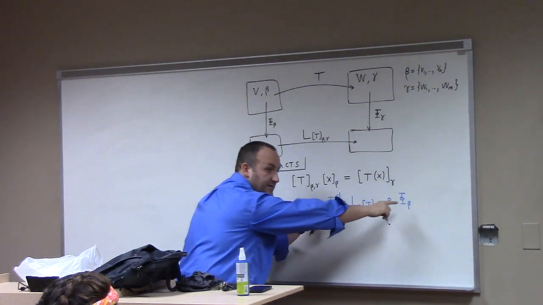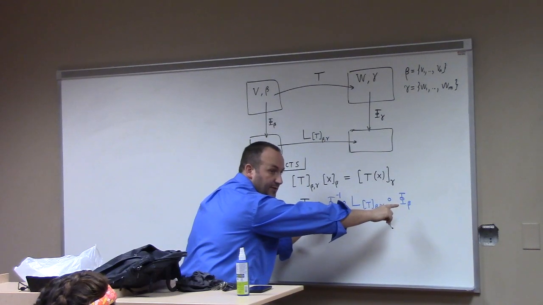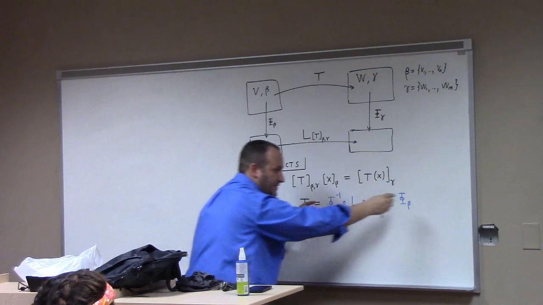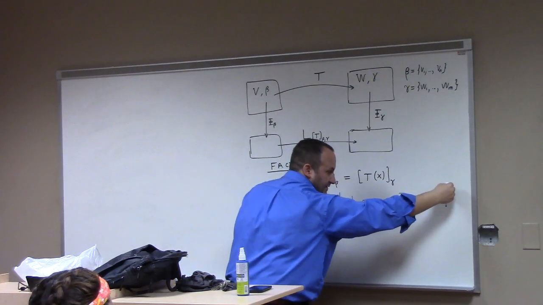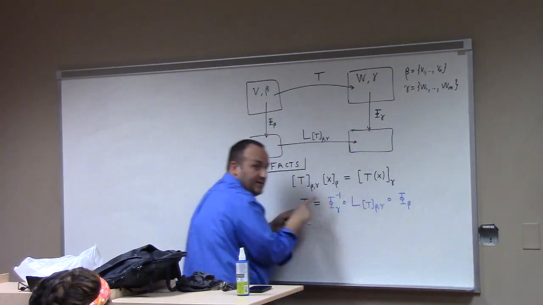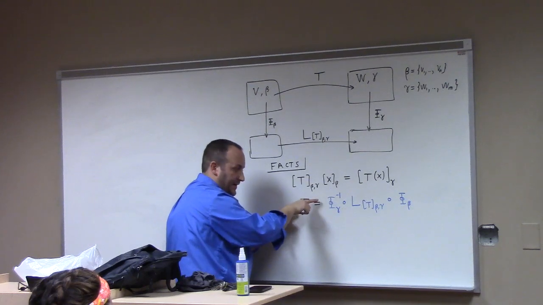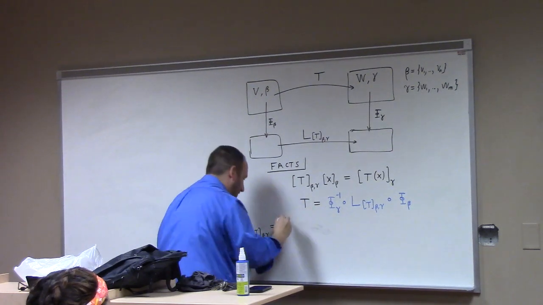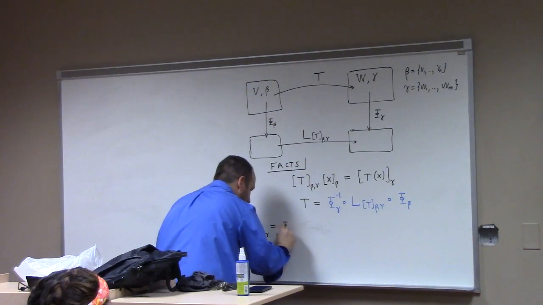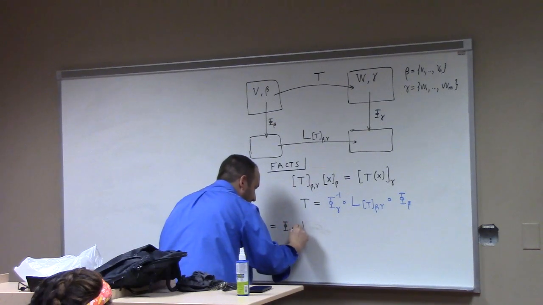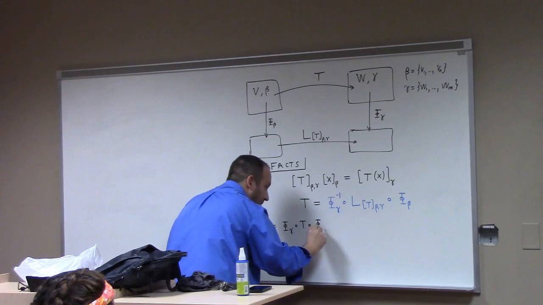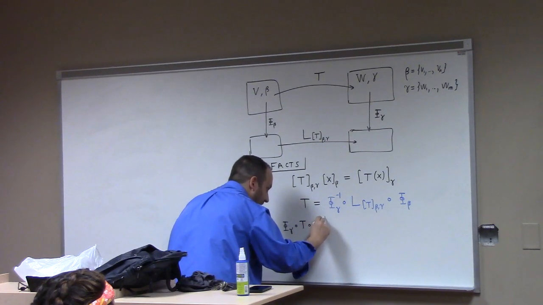These are bijections, which means you can compose with their inverses. You can think about composing this on the right by phi beta inverse, and on the left by phi gamma. If we do that, we get phi gamma composed with T composed with phi beta inverse.